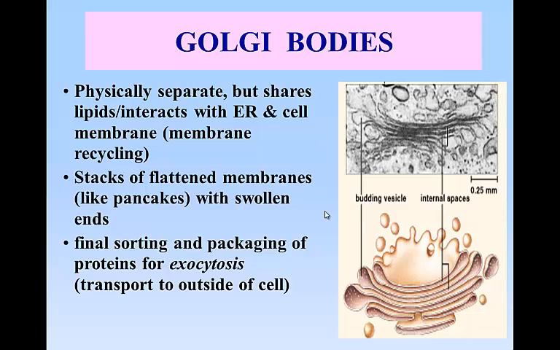Materials from one membrane can be passed along to the next membrane, and they're a place where materials that are made in the ER or made in other places can be packaged and transported and prepared for exocytosis. So things that are made in here can be packaged, and then they can be prepared to be sent outside the cell for the process of exocytosis.